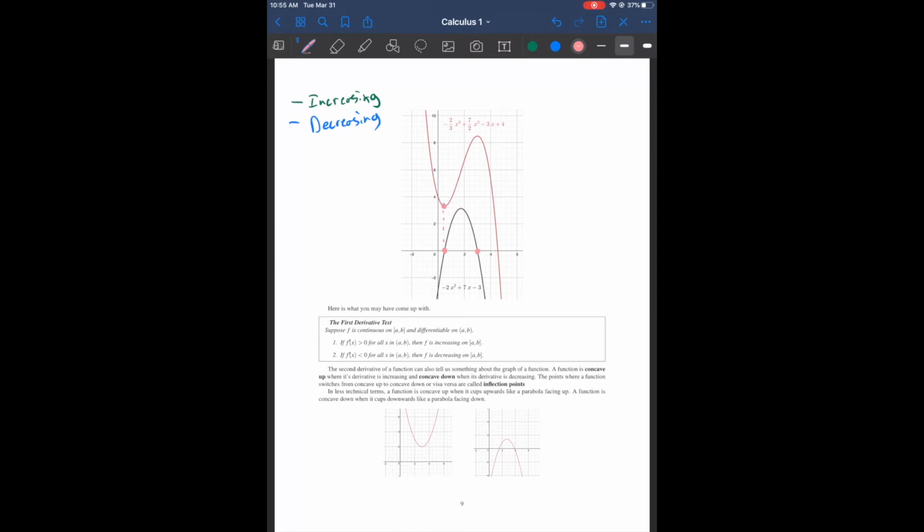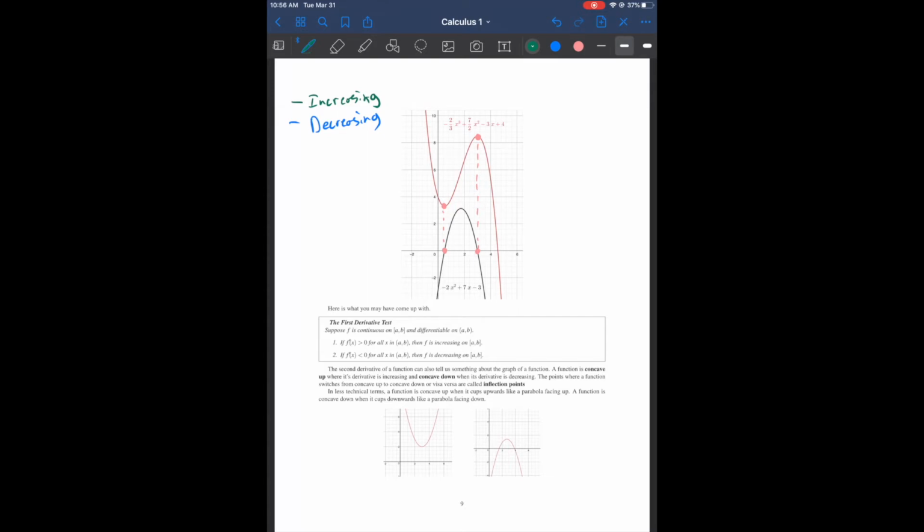And if you trace those up to the function itself, you can see those do give you the points where we have a local max or a local min. But if we didn't have the graph in red, we wouldn't really know whether those critical points were giving us local maxes or local mins. So we can use the derivative to tell us whether the function is increasing or decreasing, and then use that to figure out whether it should be a local min or a local max.